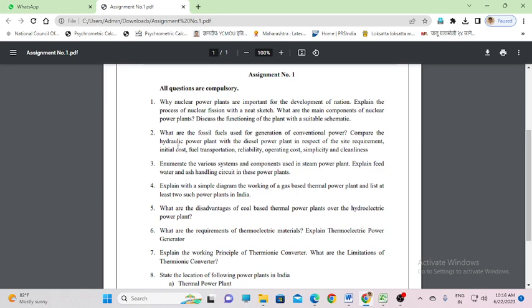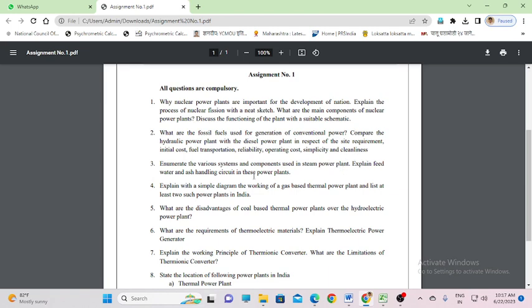Question number second, what are the fossil fuels used for the generation of conventional power? Compare the hydraulic power plant with the diesel power plant in respect of site requirement, initial cost, fuel transportation, reliability, operating cost, simplicity, and cleanliness. Just write the names of fossil fuels that are used for power generation conventionally.